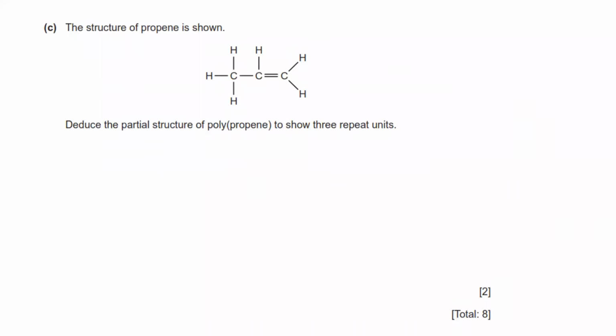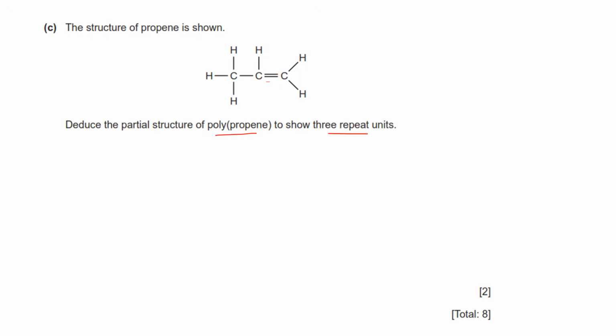Next question, part C, it says the structure of propene is shown. Deduce the partial structure of polypropene to show 3 repeat units. So remember, polypropene is a polymer, and this polymer will revolve around the double bond of carbon.